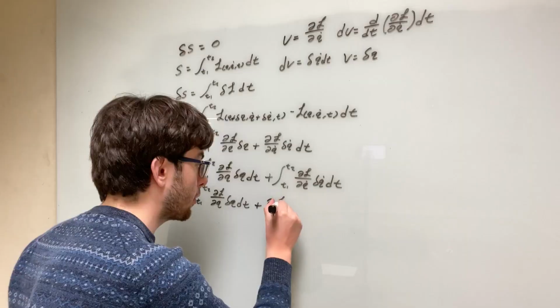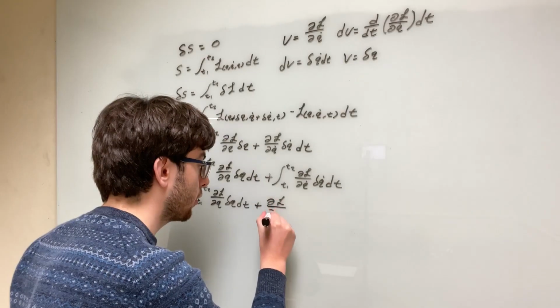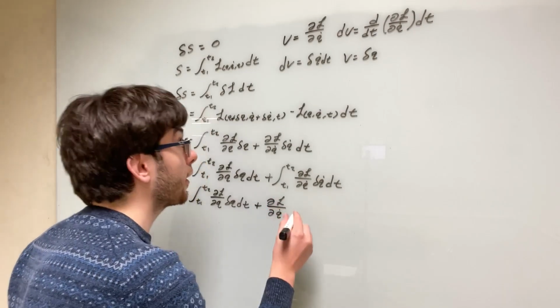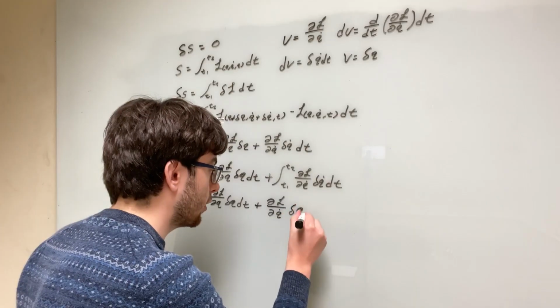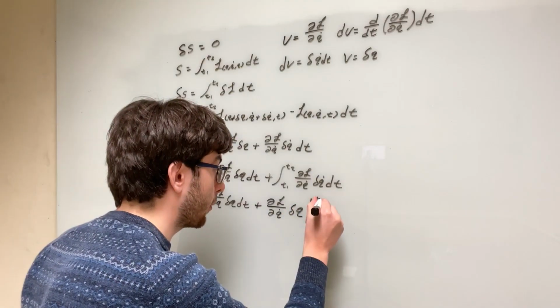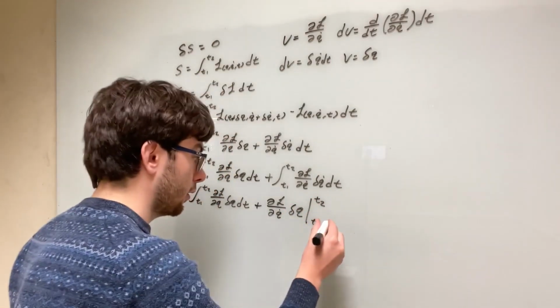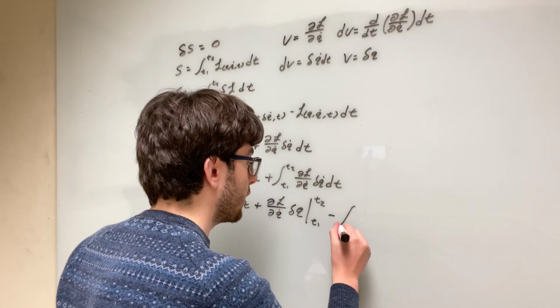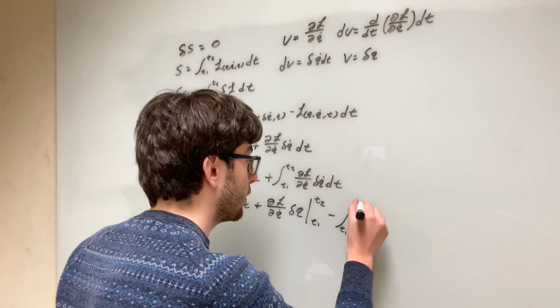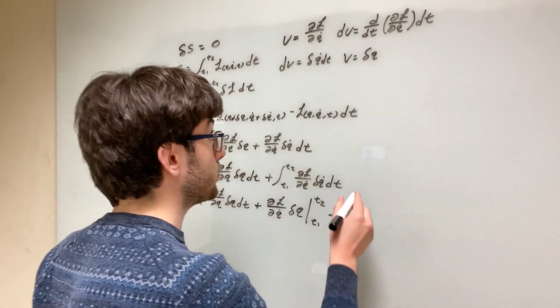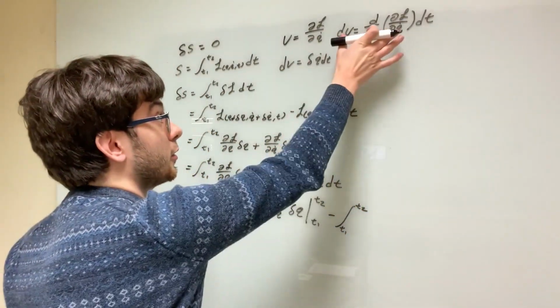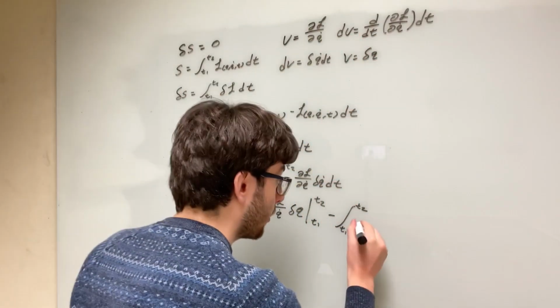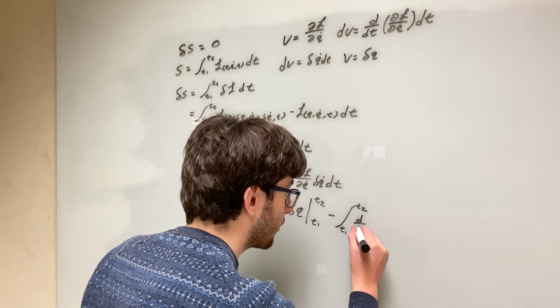So we have the partial derivative of the Lagrangian with respect to q dot times the variation in q, and this is evaluated from t1 to t2, minus the integral from t1 to t2, and our du is this term and our v is this term. So I'm going to write du first.